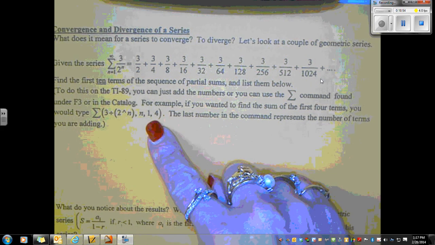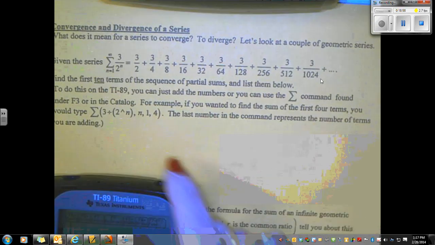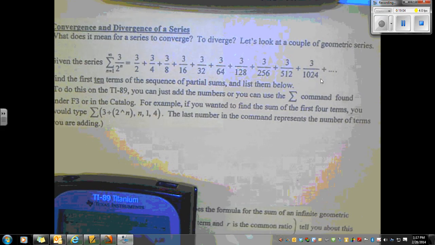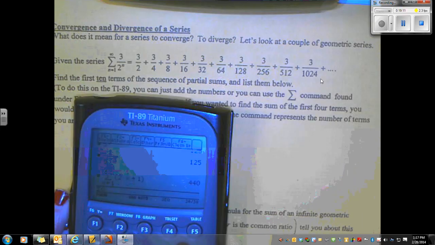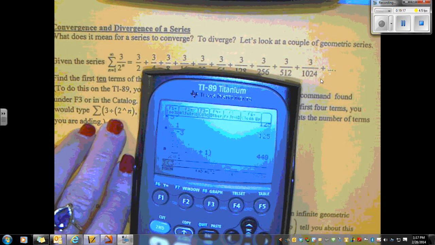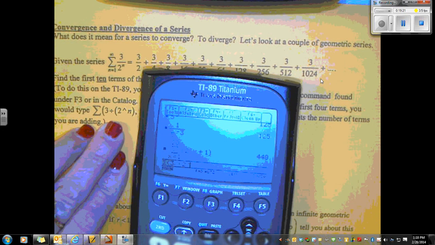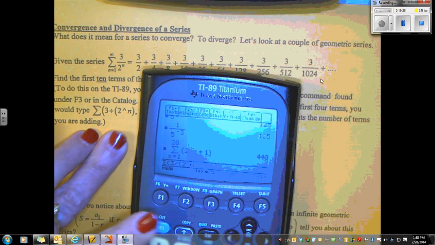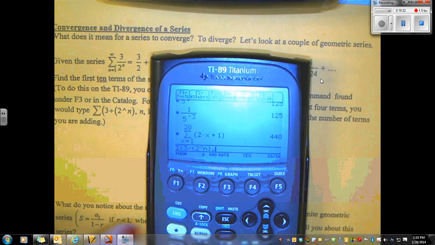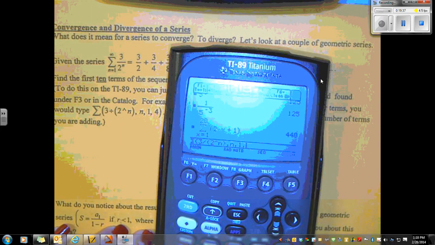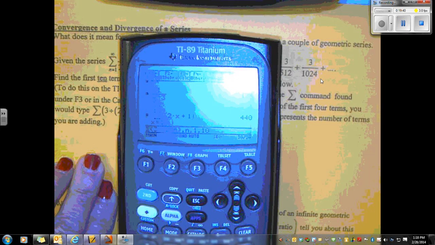So if we wanted to get the 10th term, couldn't we just type in on the home screen 3 divided by parentheses, 2 raised to the n, comma, n, comma, 1, comma, 10 of them? 10. Okay.